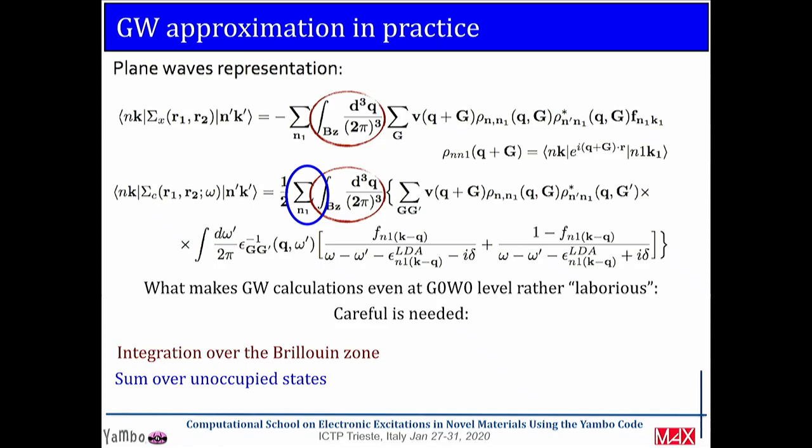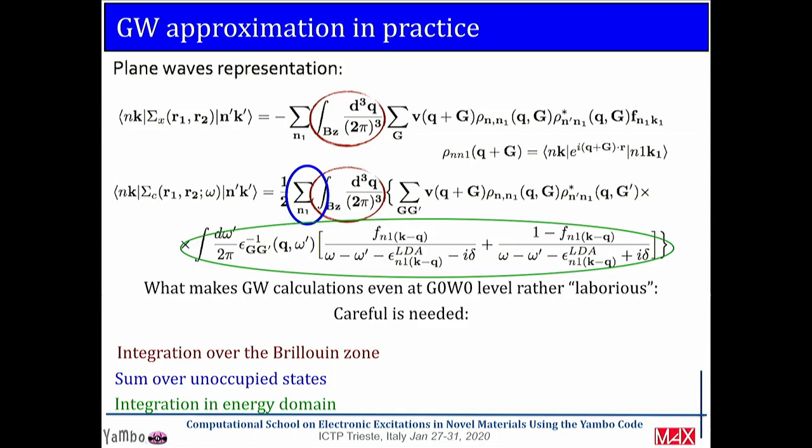This is the basis of the best practice of GW calculations. Otherwise, I think you can get whatever result if your parameters are not properly converged. And here, the most complicated part, maybe I would say, is the integration in the energy domain.